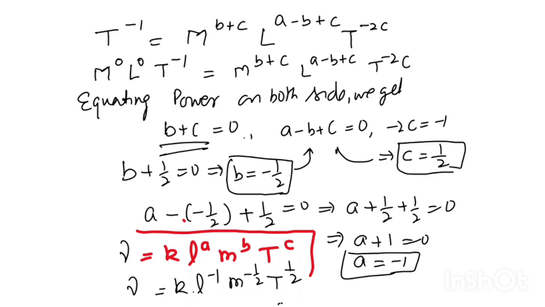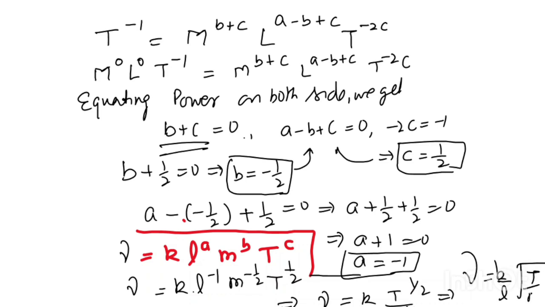So we get the formula nu equal to k upon L, and this t power half upon m power half, and this we can also write nu equal to k upon L under root t upon m.